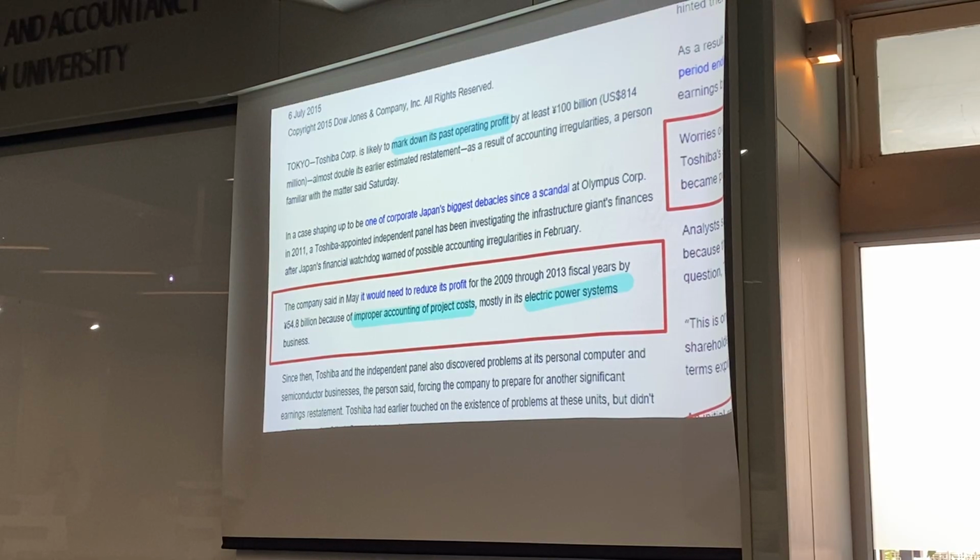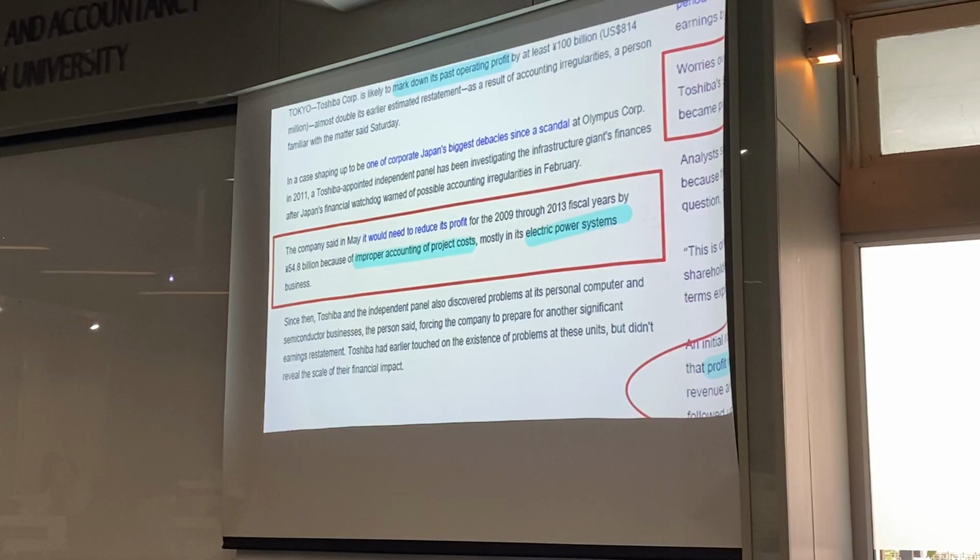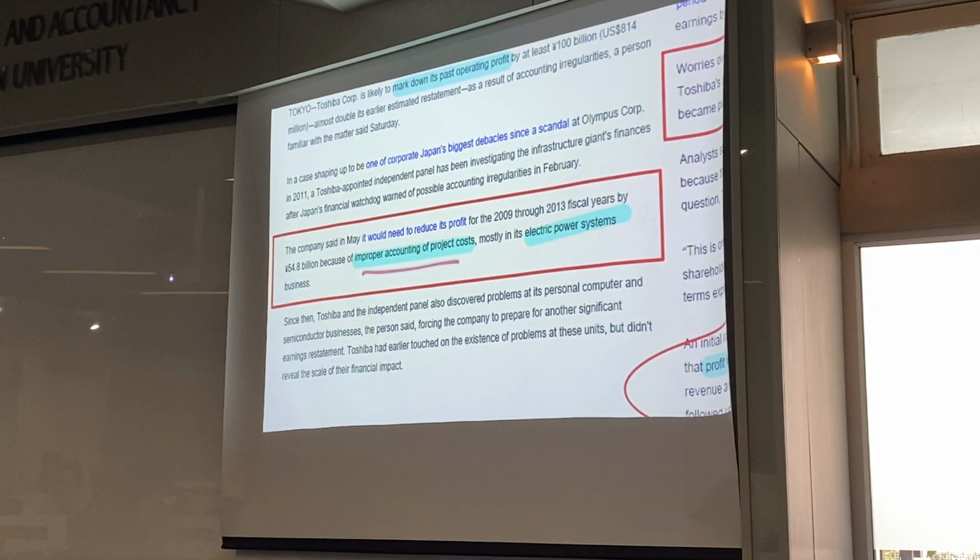This is because there was some mistake or some scandal when they reported the profitability. So this is a real case that happened. The company had to reduce the profit during this period, right? Because of the improper accounting of the project cost on the electric power system.